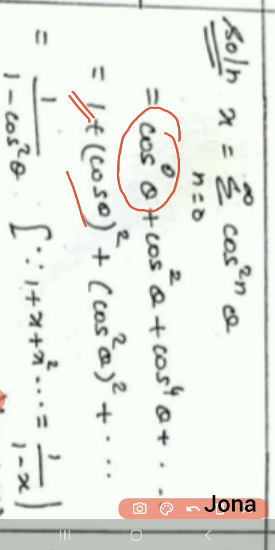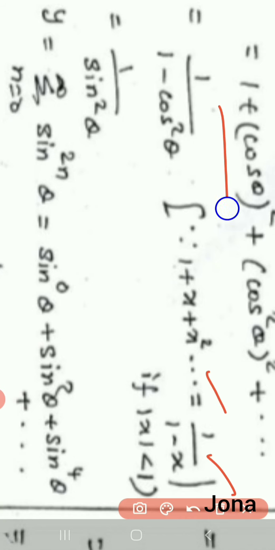Here cos theta the whole square, it can be written as (cos square theta) the whole square, plus etc. Here in 10th standard in sequence and series we learnt about that formula, 1 plus x plus x square plus etc. equal to 1 by (1 minus x), isn't it? So I want to use this identity here.